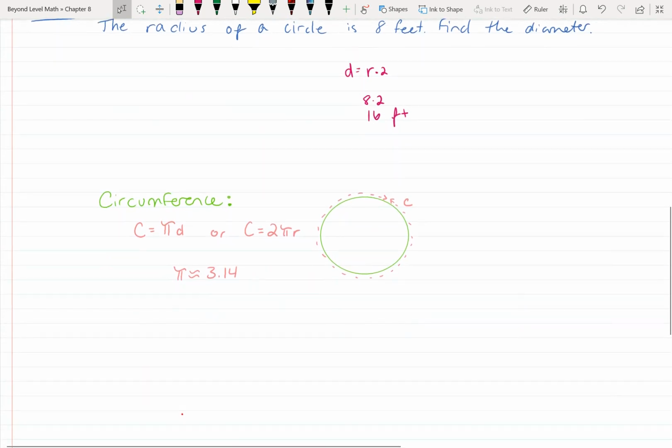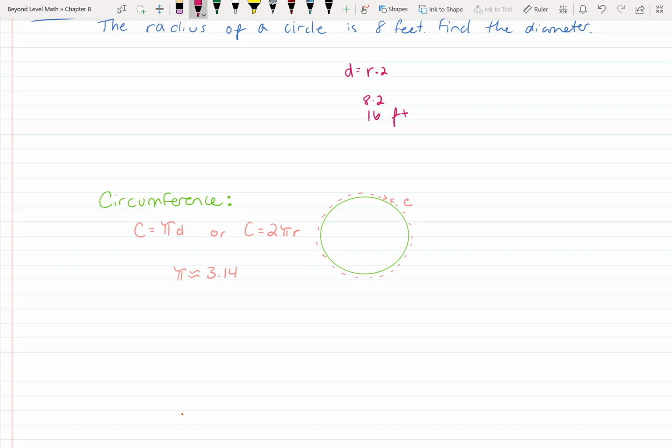All right, circumference. There are two formulas, again, one using diameter, one using radius, to find the circumference. So C equals pi times d, which is the diameter, or C equals 2 pi r, so 2 times pi times the radius. 2 times the radius gives us the diameter, so either of these work.